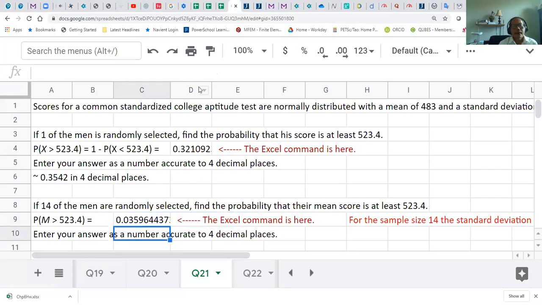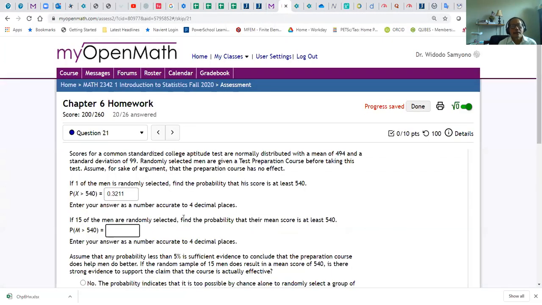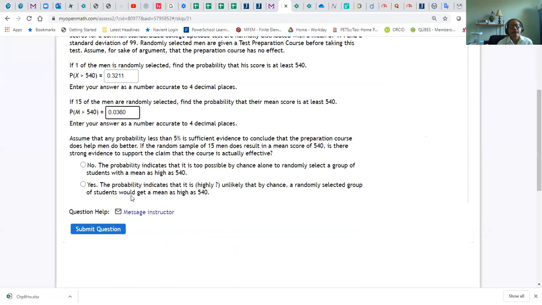Enter. If you round to 4 decimal places, the answer will be 0.0359, so you got 0.0360, right? And you can submit the answer.